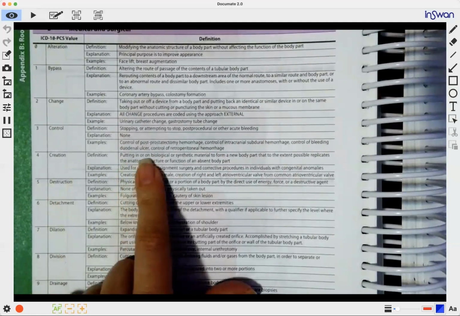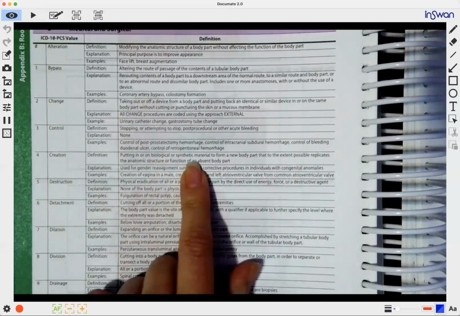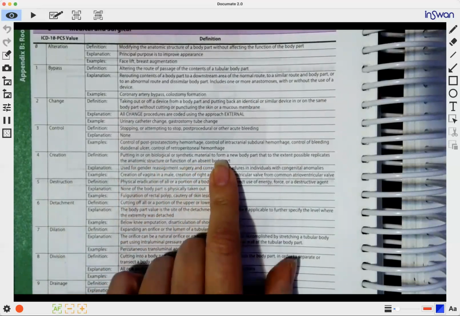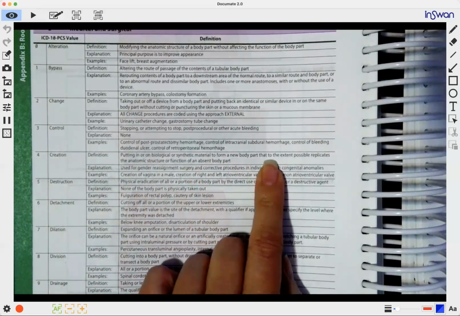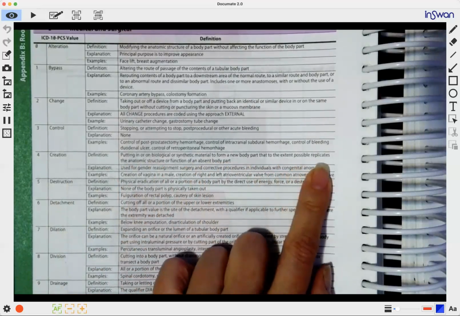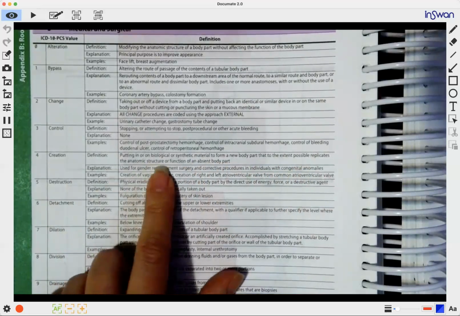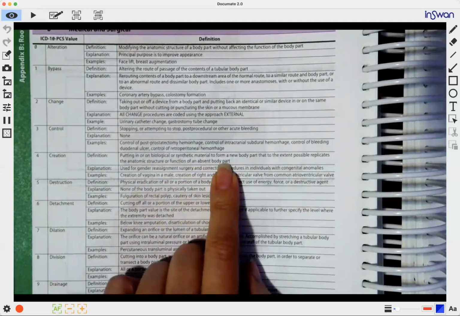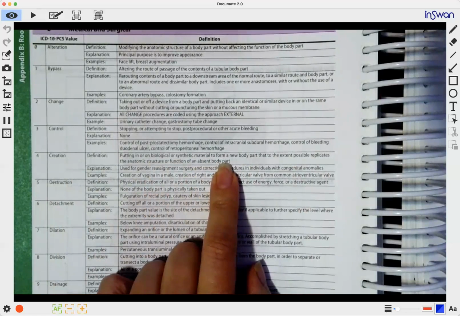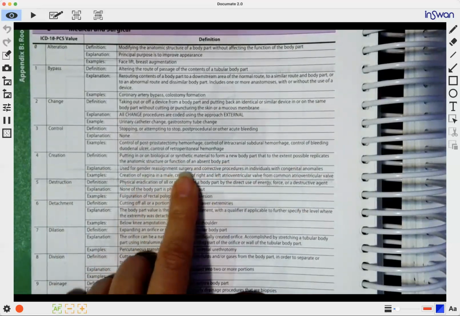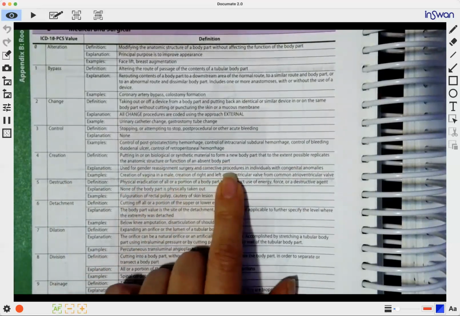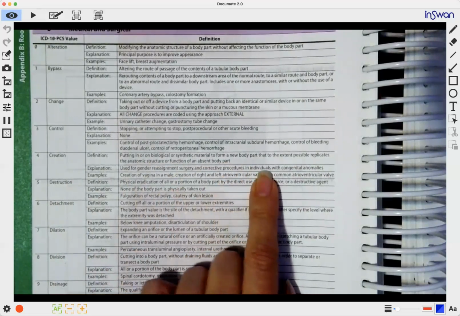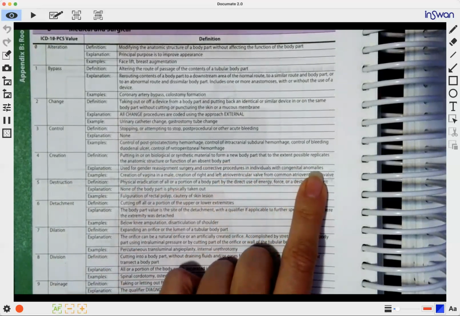Creation, putting in or on biological or synthetic material to form a new body part that, to the extent possible, replicates the anatomic structure or function of an absent body part. So this is strictly used for gender reassignment surgery and corrective procedures in individuals with congenital anomalies.